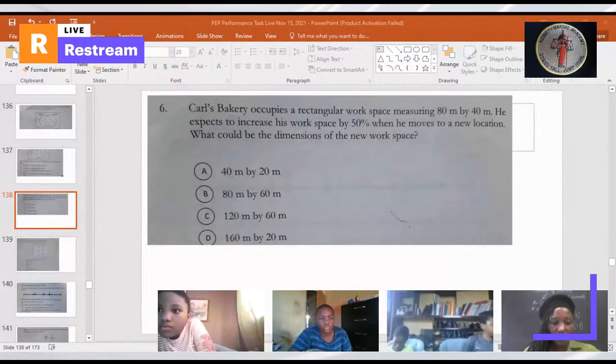So you're saying 40 would be the area? What would the 40 meters and the 20 meters represent? Miss, the 40 and the 80 would be the length of the rectangular workspace. But when you multiply it and you get that answer, which one would be the area? Which would be the length?